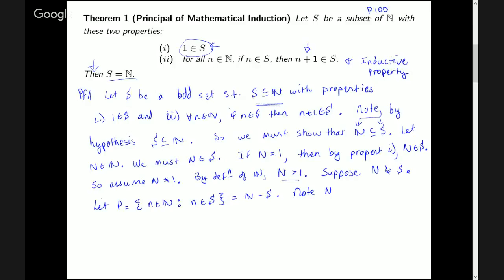Now, this value right here, the capital N, since our capital N is not in S, I know capital N has to be in our set P. Since N is not in S, N is in our set P. So I know P is not empty.